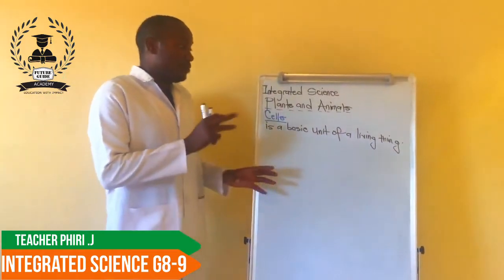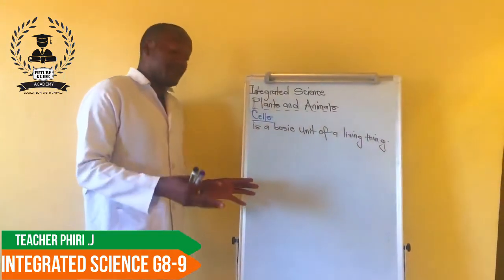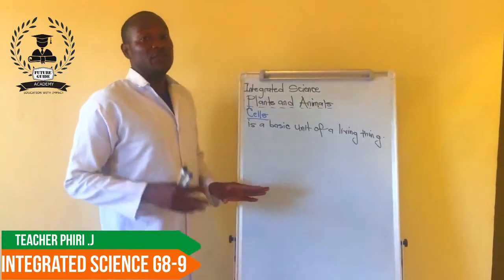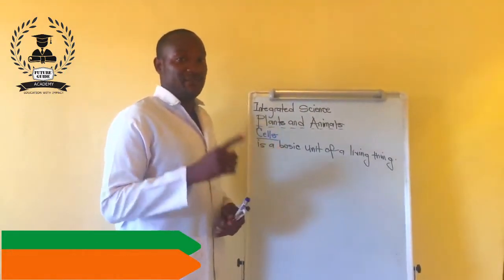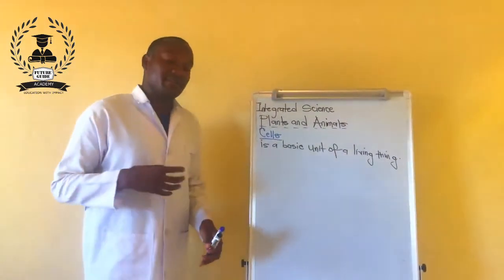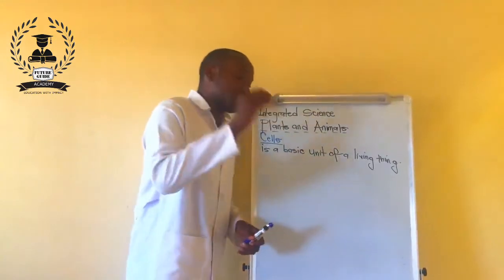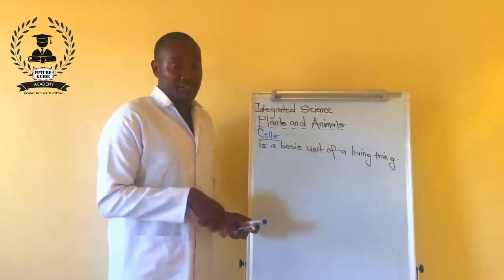So we're going to look at the basic structure of a plant cell as well as of an animal cell. Then later on, we're going to look at the differences between a plant cell and an animal cell. Also, looking at the basic structure of these cells, we're going to talk about their specific functions.